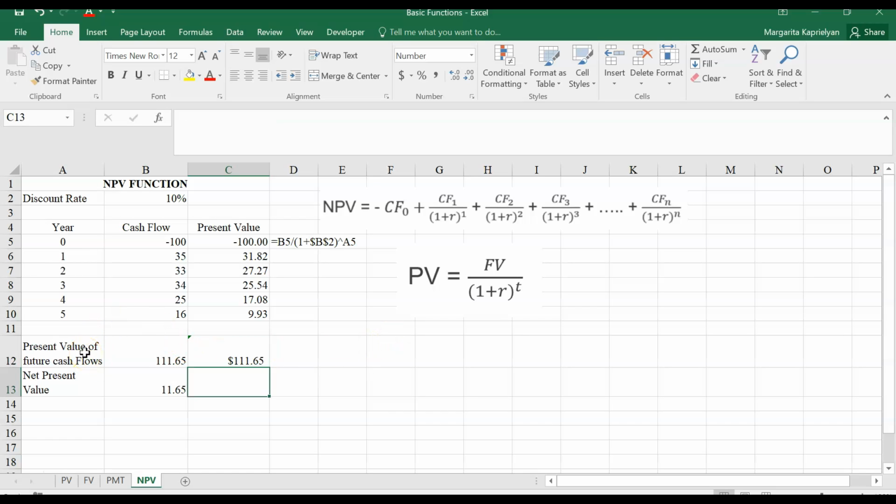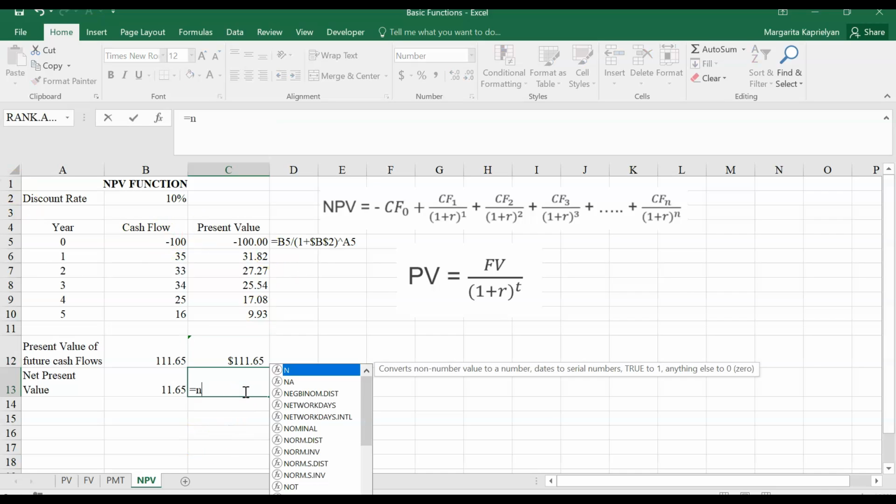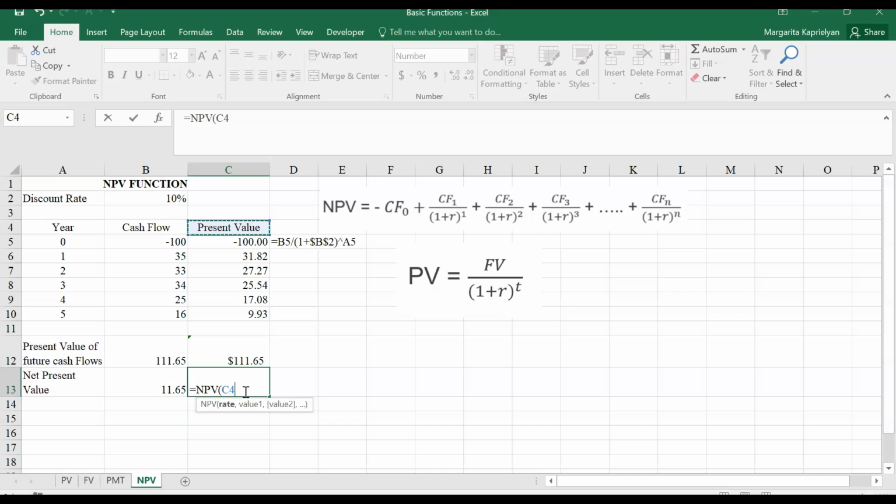So then how do we calculate NPV using the NPV function? Well, we're going to do this procedure, but then also add in the cash outflow for the initial investment. So equal NPV. We're going to go up to 10%, comma. We're going to grab values 1 through 5, close the parentheses, and then we're going to go ahead and add in the cash outflow.